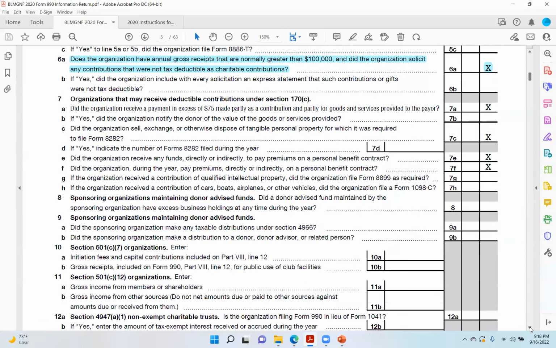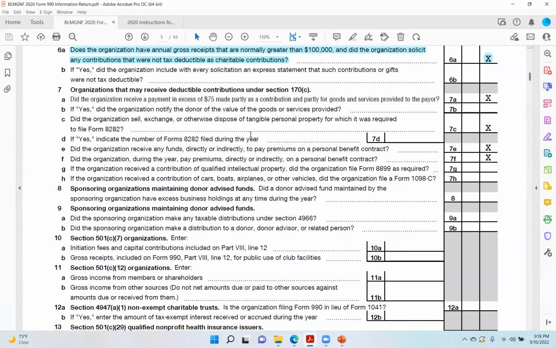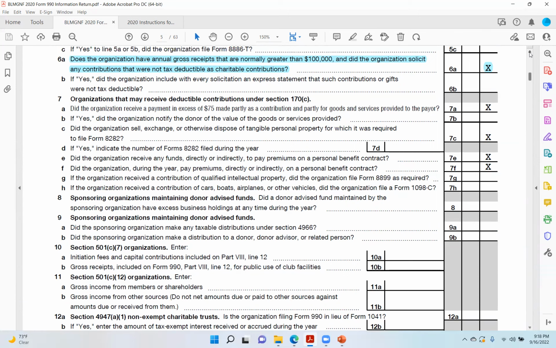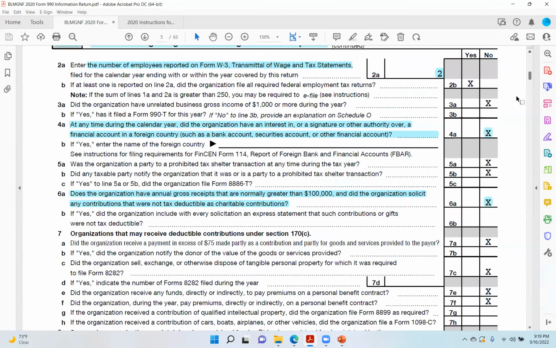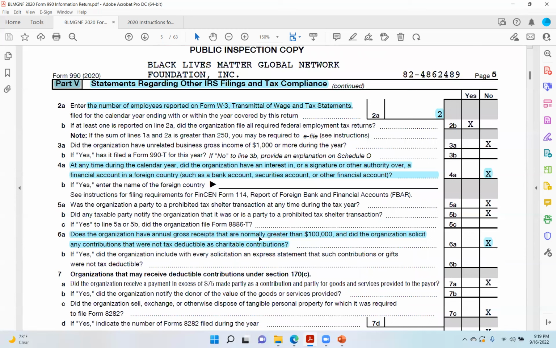Line 6A. Does the organization have annual gross receipts that are normally greater than $100,000? And did the organization solicit any contributions that were not tax deductible as charitable contributions? Let me read that again because we're looking at the columns. The first column is yes, the second column is no. So does the organization have annual gross receipts that are normally greater than $100,000?